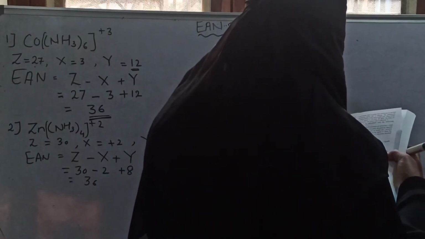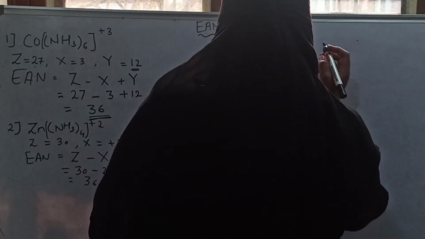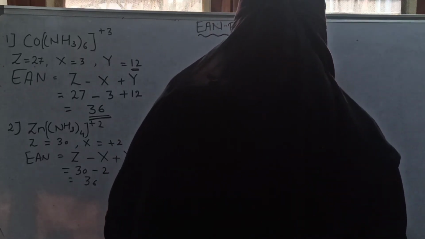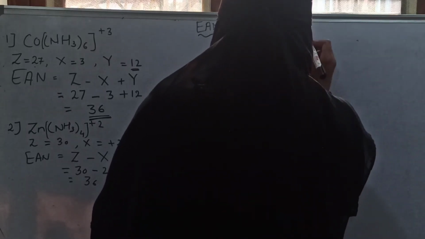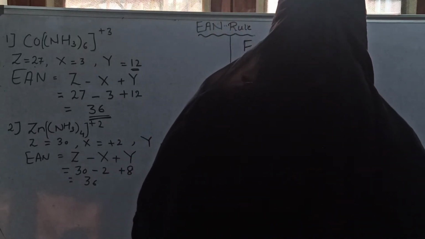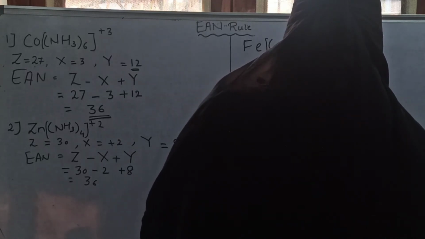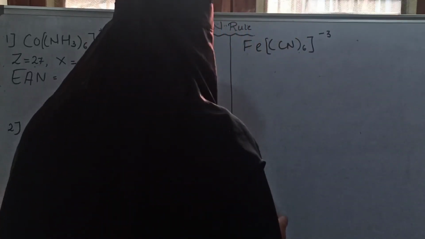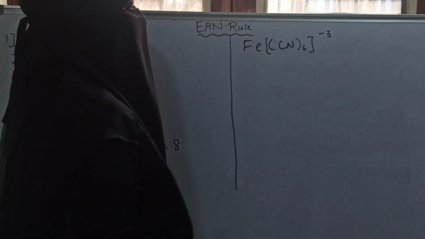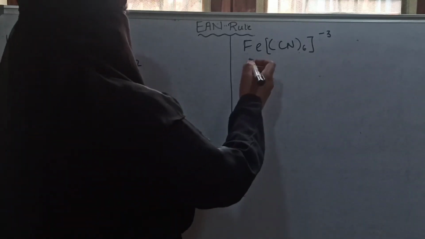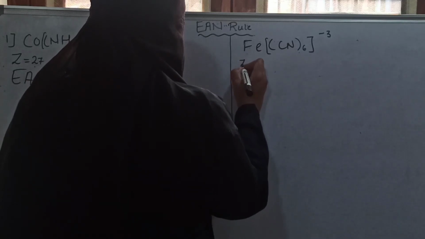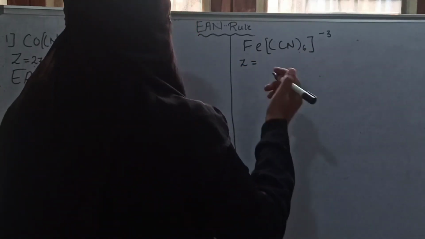Now the next example is Fe(CN)6 3-. Here the value of Fe, or the value of Z, is equal to 26.